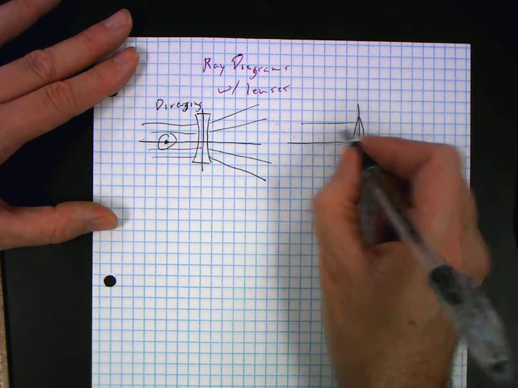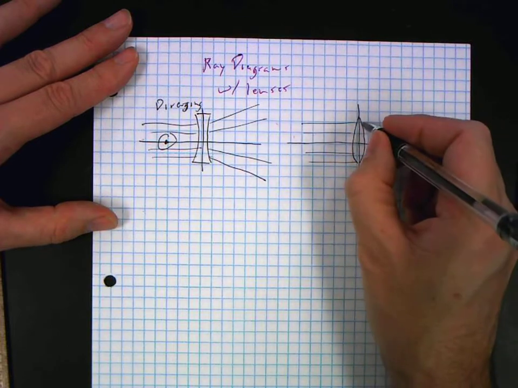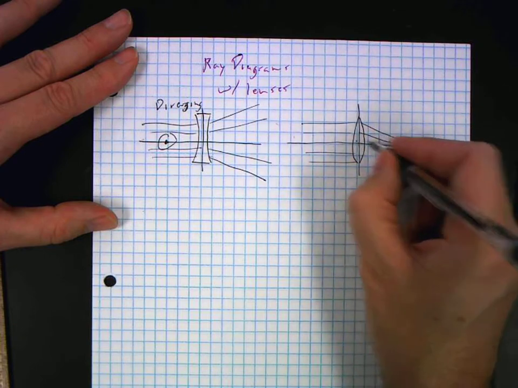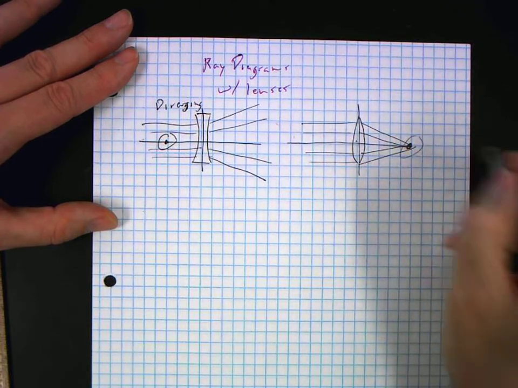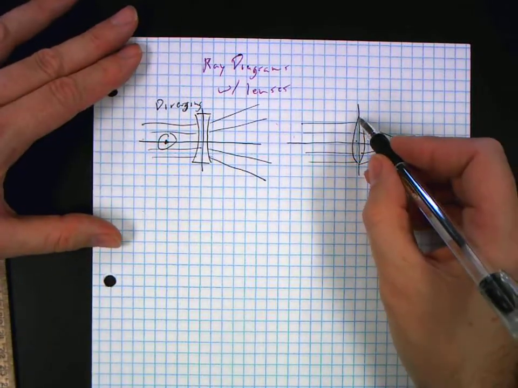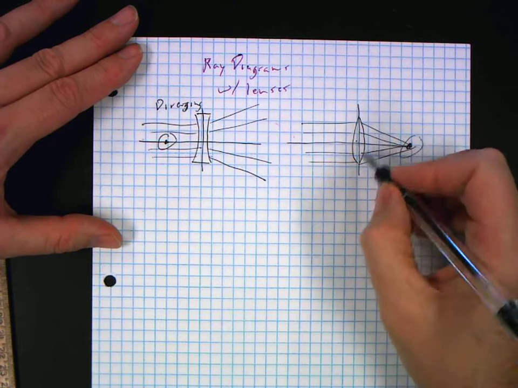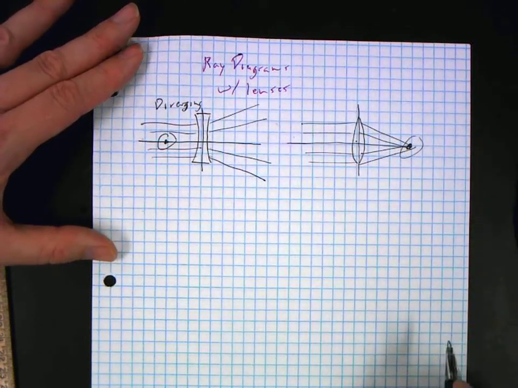For a converging lens, sometimes called a convex lens, it does actually focus out here. Did you notice that I only bent this once? I'm not going to bend it at the front surface and the back surface. That's why we don't usually draw in the lenses themselves.